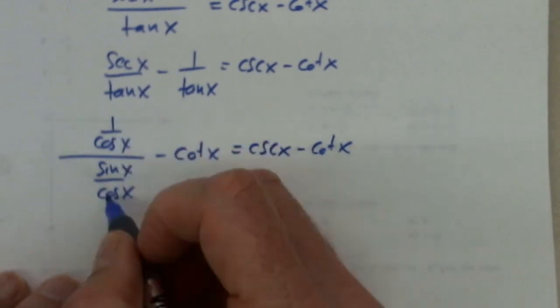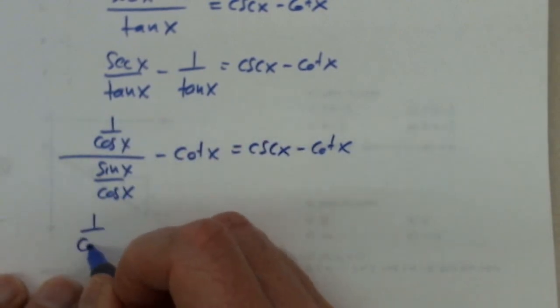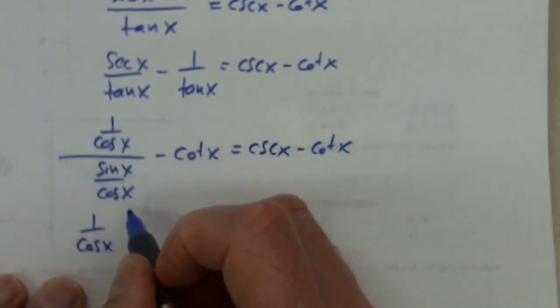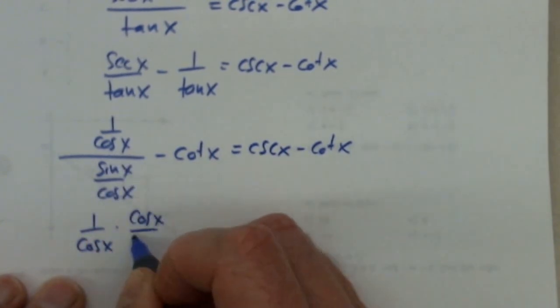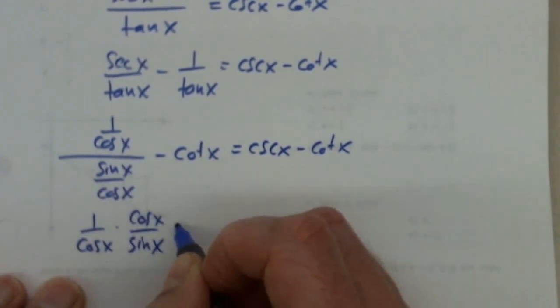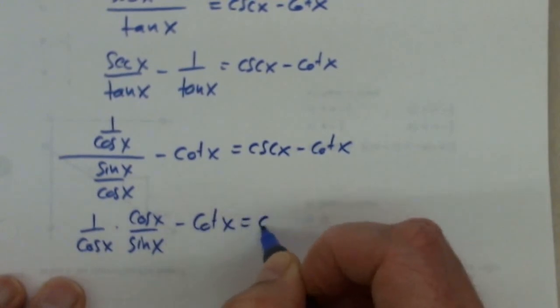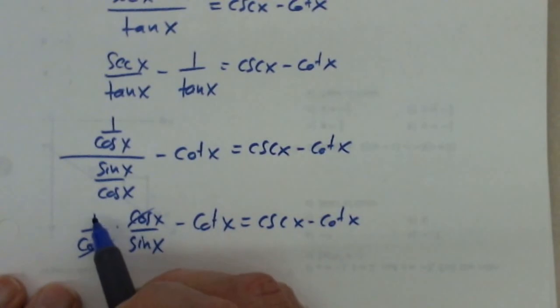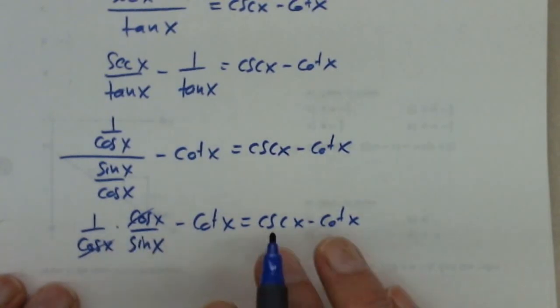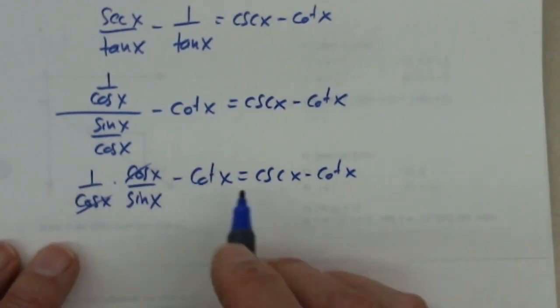And if you don't see what's happening here, we have cosine in the numerator times the reciprocal of the denominator. So now we have 1 over sine is cosecant, and we're done because it's cosecant.